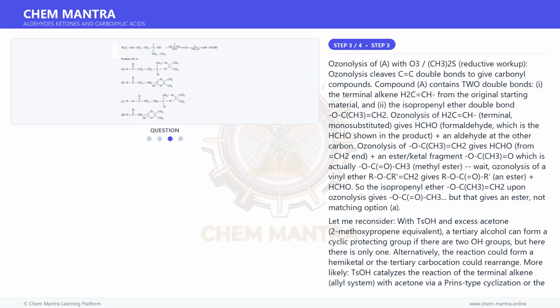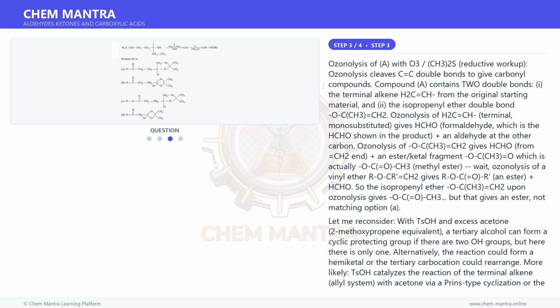Here, the OH and terminal alkene are 1,4 related, or on C5 alkene on C1, C2 with C3, C4 as CH2CH2, so a 6-membered ring could form. Under Prins conditions with acetone, A would be a 1,3-dioxane cyclic acetal, incorporating the two oxygens from acetone and the tethered alcohol.